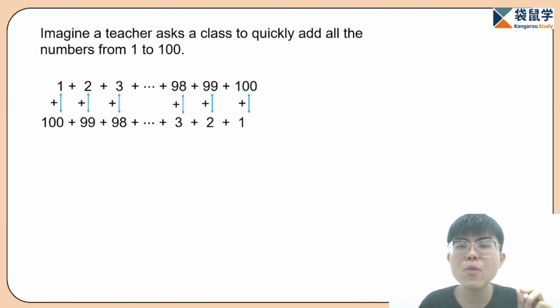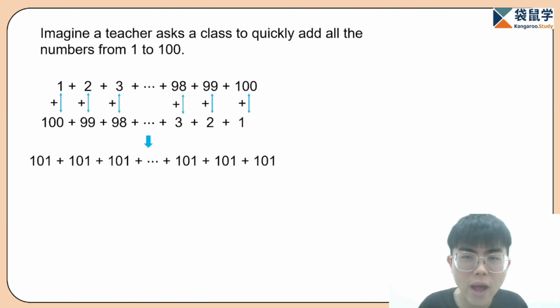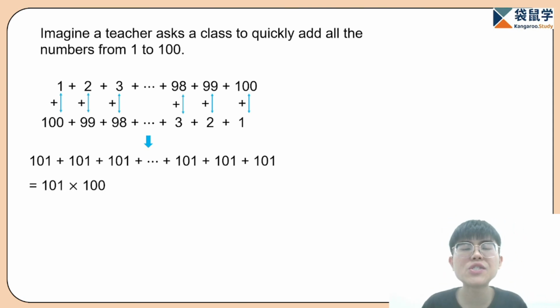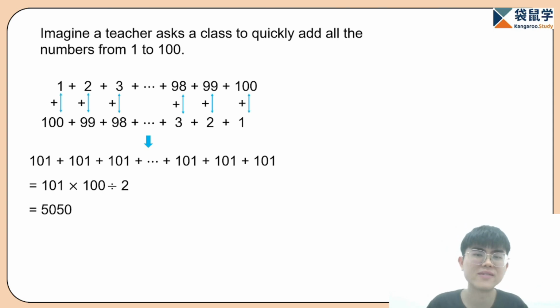So now we will get the sum of a lot of 101s. But how many 101s do we have here? Oh, we have 100 of them. So we multiply 101 by 100. But now, the result we have here is a combination of 2 calculations. So we will need to divide it by 2. And finally, we also obtain 5050.